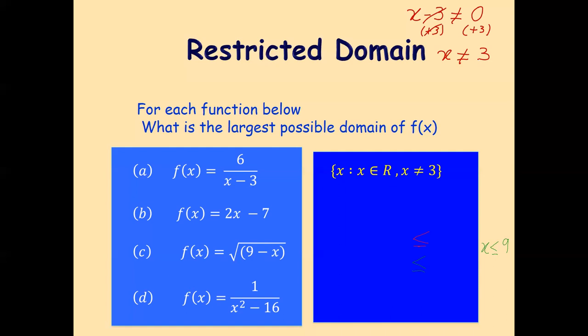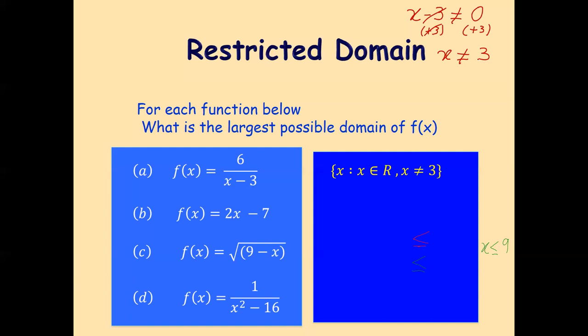It's only when you've got a fraction or a square root that you've got a restriction. So if I put x equals 0, it works. If I put x equal to negative infinity, it will work. If I put x equal to positive infinity, it will work. So any x's. So the question is, what is the largest possible domain? It's x belonging to all the real numbers.